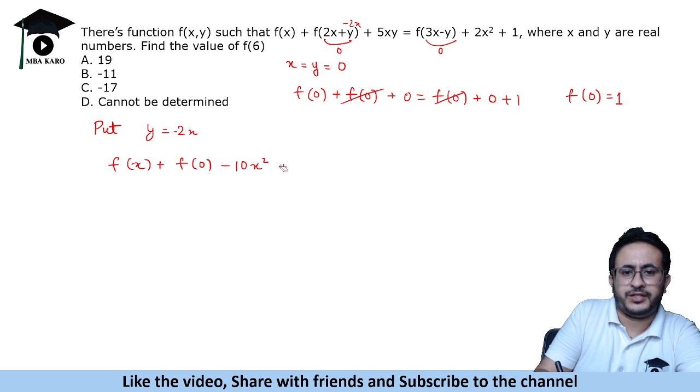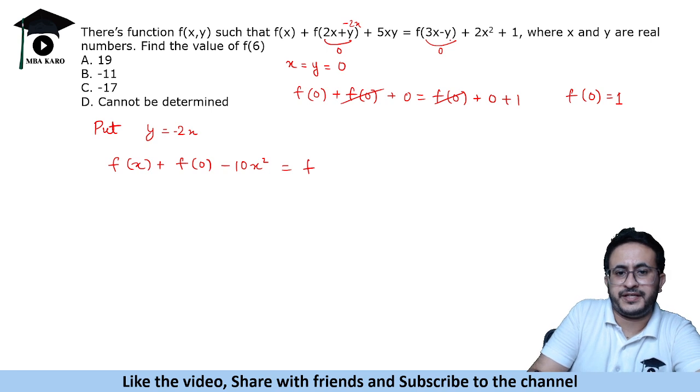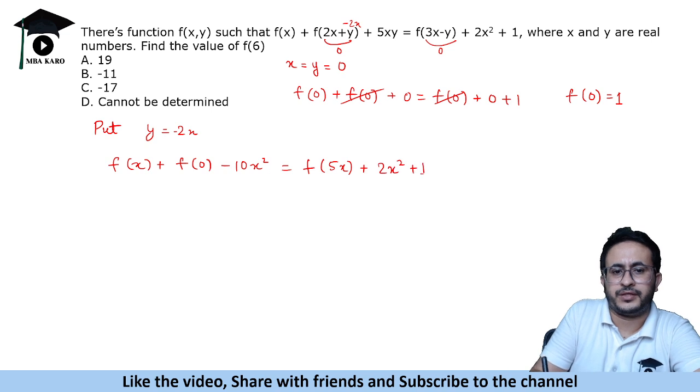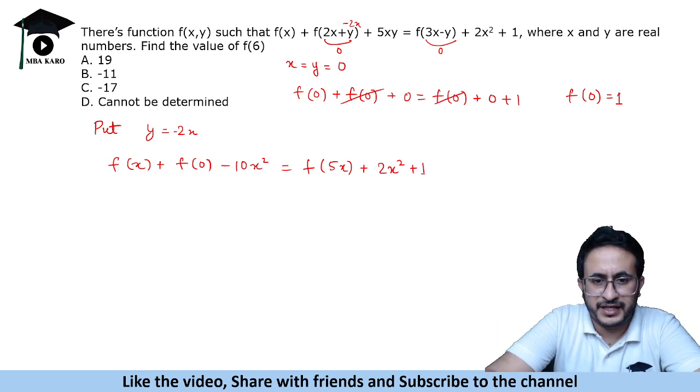This is equal to f(3x - y), where y is minus 2x, so f(5x) + 2x square + 1. This is what we will get as the result.